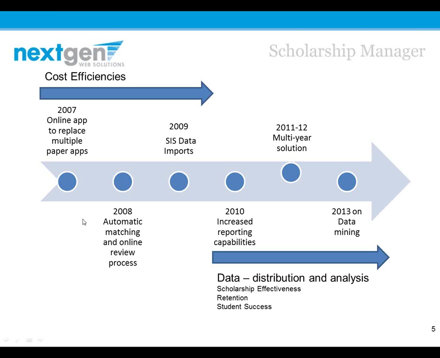We then received feedback that folks wanted to automate that matching and move the review process away from paper to an online process. And then for those schools and foundations that had data about students that they wanted to incorporate into the decision-making process, we received a lot of feedback that folks wanted to be able to look at that data and import that in an automated fashion so they weren't having to ask their students for that information when they already knew it.